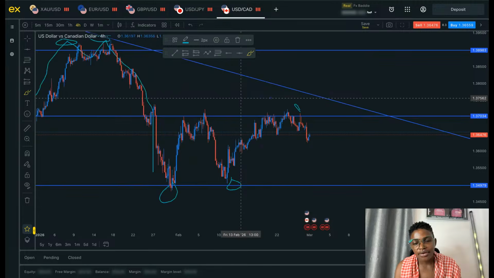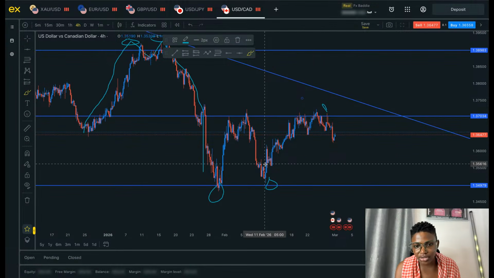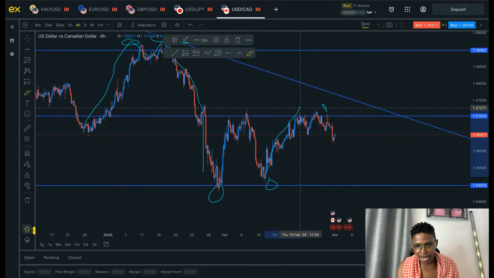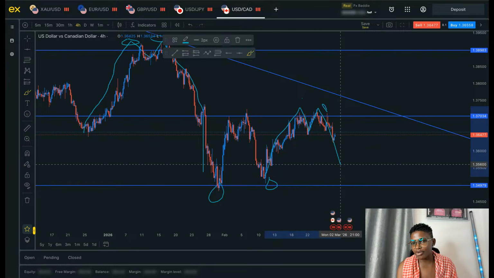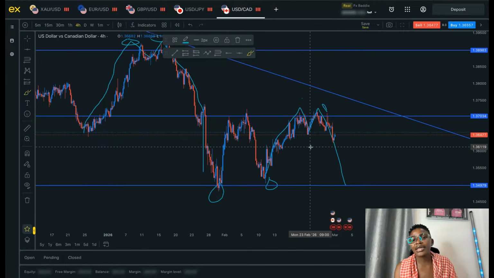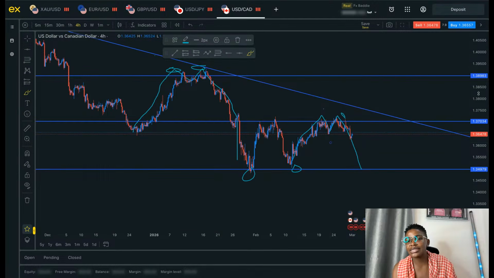And from my own eyes, I can still see that USD CAD is still trying to form strong buy, little sell, buy. Now the market is trying to form this M pattern again. Are we there? The market is still trying to form a pattern that is looking like the M pattern, the double top.